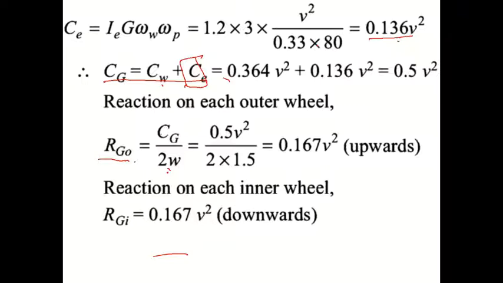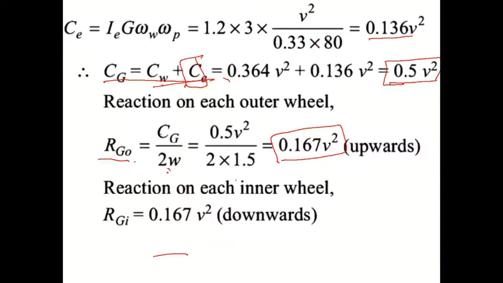So substitute the Ce value and Cw value in this formula, and you are getting 0.5 v square as the answer. Now Rg equals Cg by 2w, substitute Cg as 0.5 v square and the remaining values, and you are getting 0.167 v square as the answer.